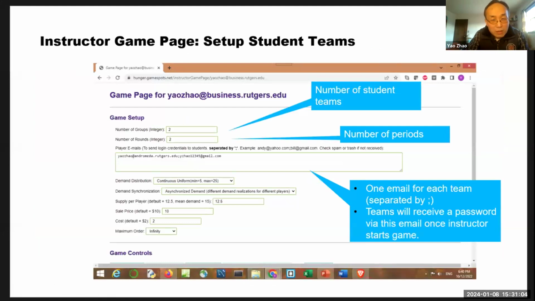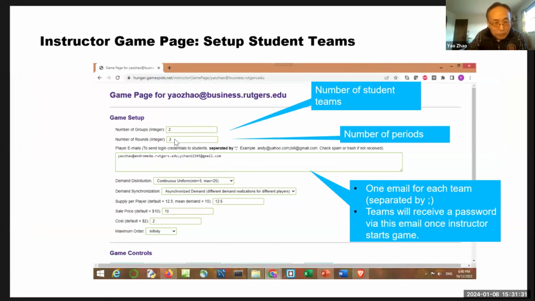While you are typing your email addresses, let me show you the instructor page. It's a very simple web application. It's actually only one page. There are a few parameters you need to set up for your game. For example, how many groups or how many players or retailers you have. That's the first number here. Let's say I only have 2, just for example. And also, how many rounds do you want to play?